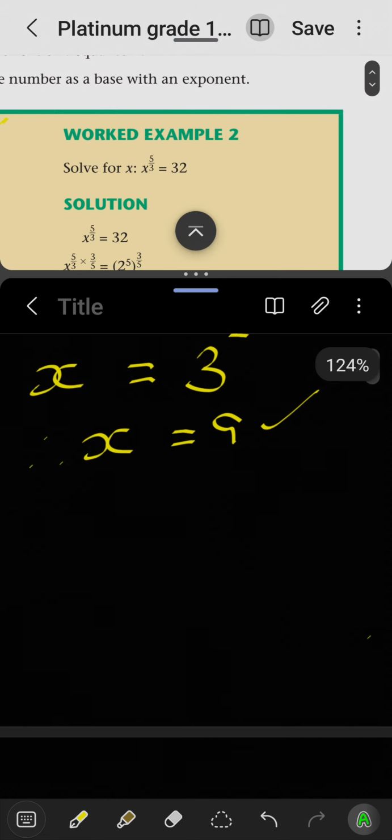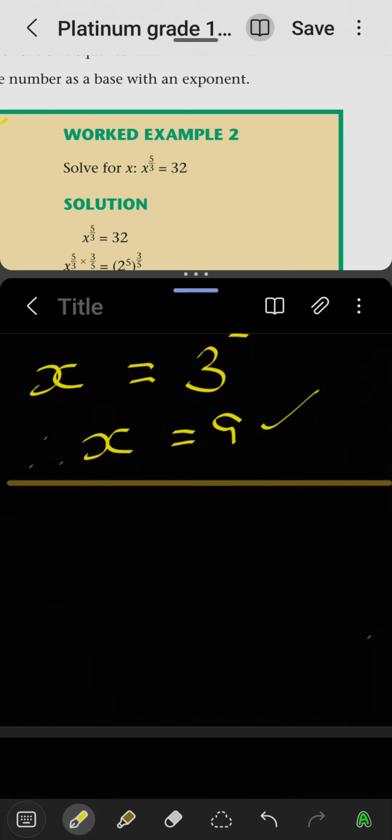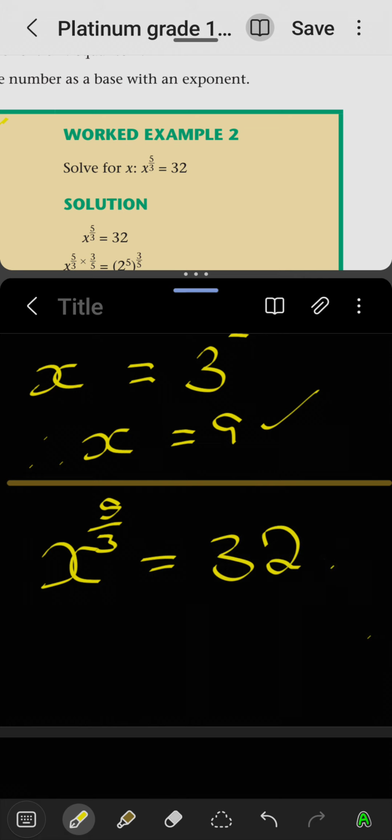Now, worked example number 2. The problem that we are given is x raised to the power of 5 over 3, which is equated to 32. Again, the first step that you do is to write 32 in exponential form.